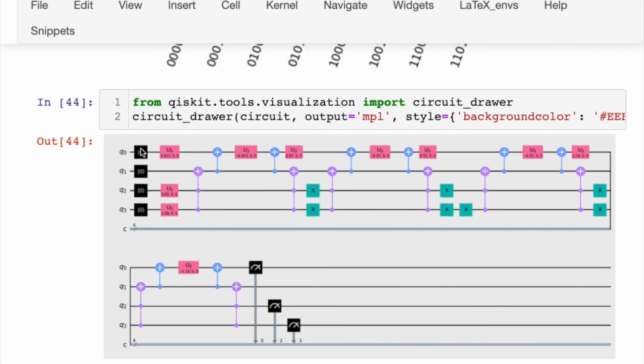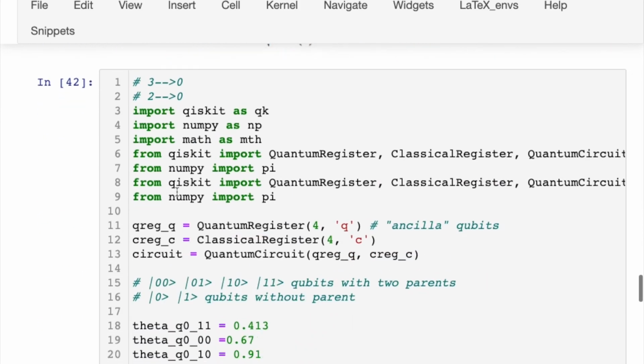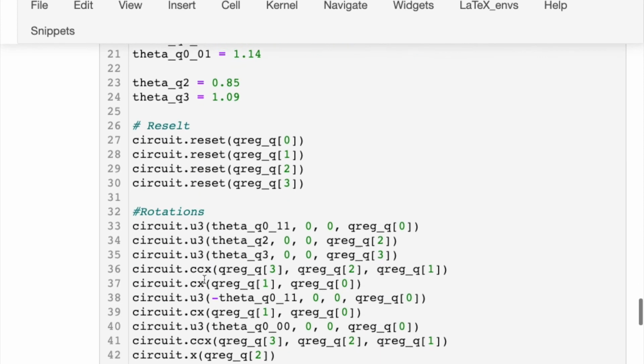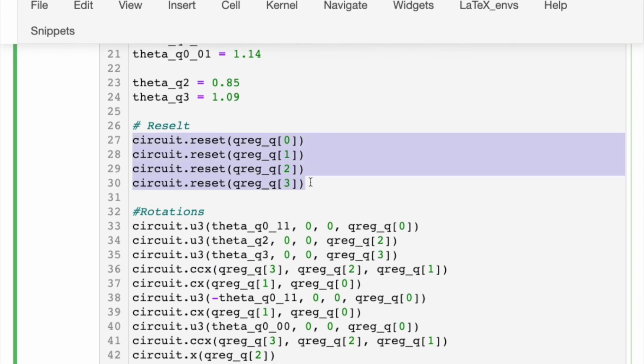You can see here the first thing we do with this black initialization is to initialize all the qubits in zeros. Then we get an initial rotation U3 on Q2 and Q3, which is basically this rotation. So this is the initialization.